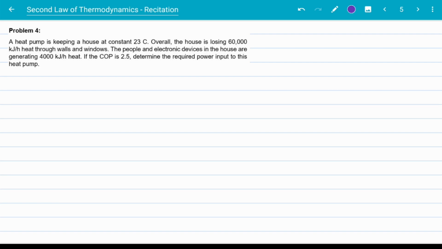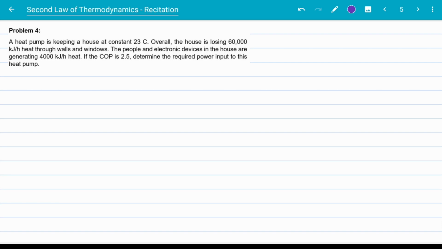Now this house is losing 60,000 kilojoules per hour of heat through the walls, through the cracks in the windows, and such. The people inside and the electronic devices in the house are generating 4,000 kilojoules per hour worth of heat. If the coefficient of performance of this heat pump is 2.5, we are asked to determine the required power input of this heat pump.